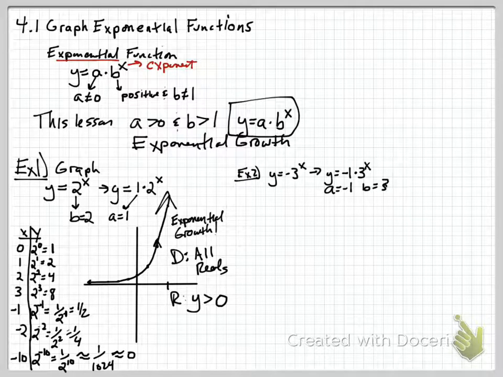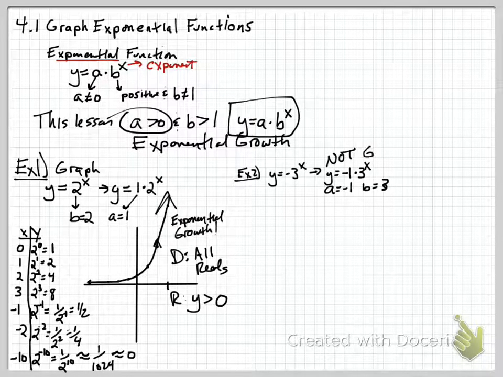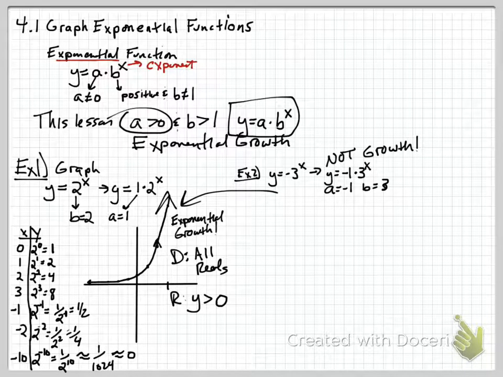Now, if you'll notice, this is not exponential growth, because for exponential growth, that a value has to be positive. So right away, this is not exponential growth. So I'm already keeping in mind that I'm not going to get a picture like that. Okay? Let's see what does happen by filling out a table.